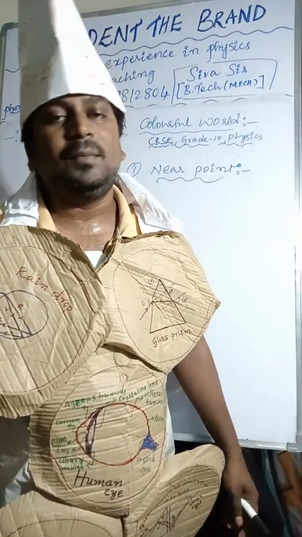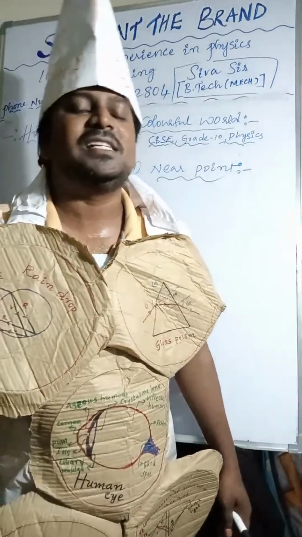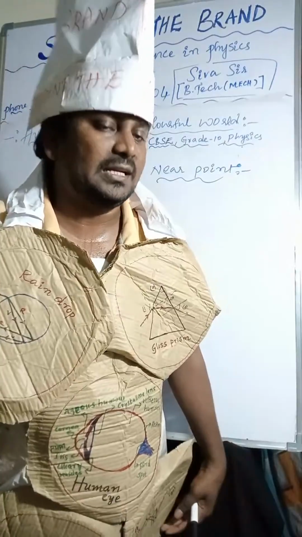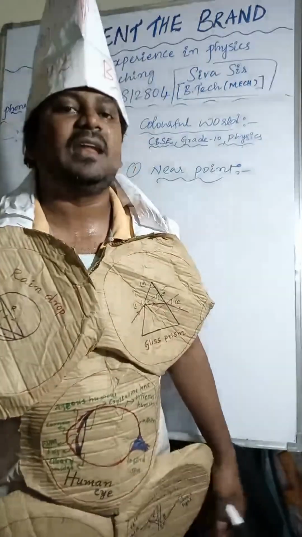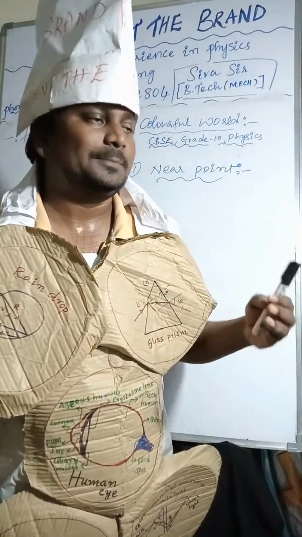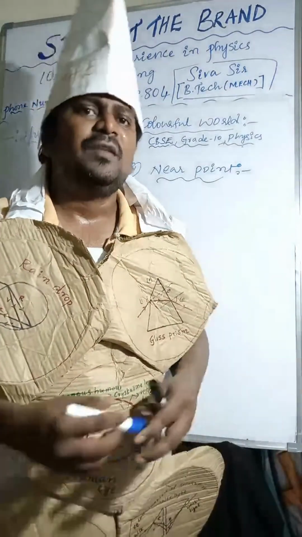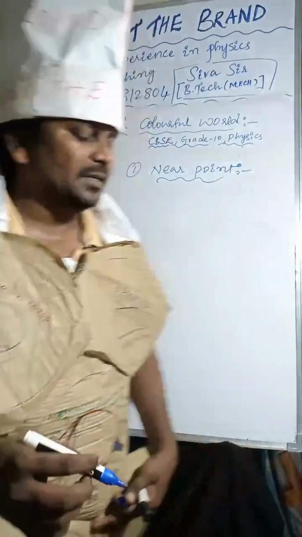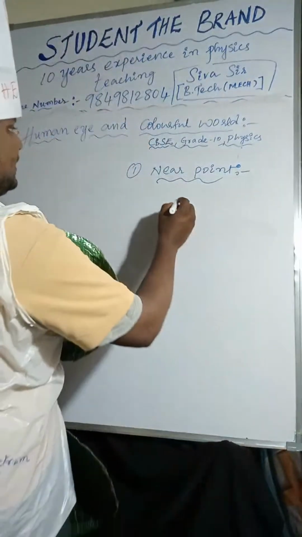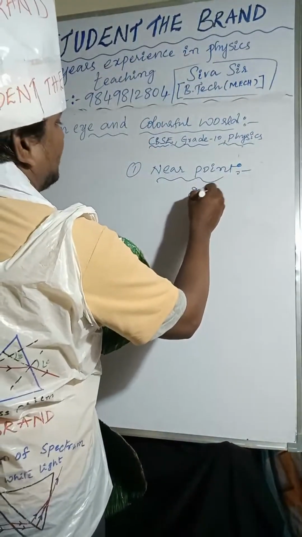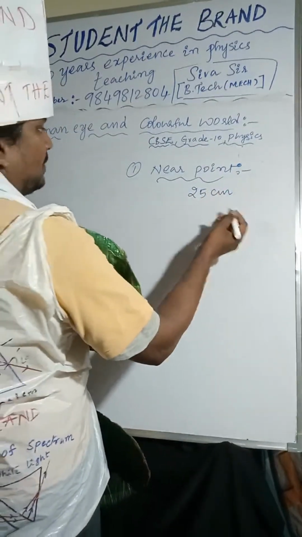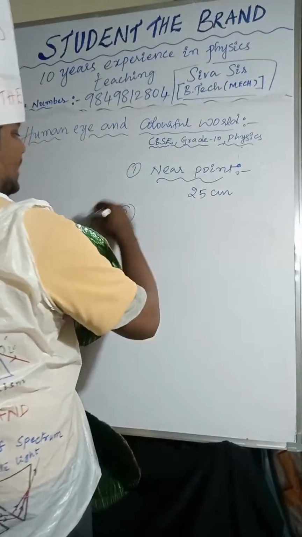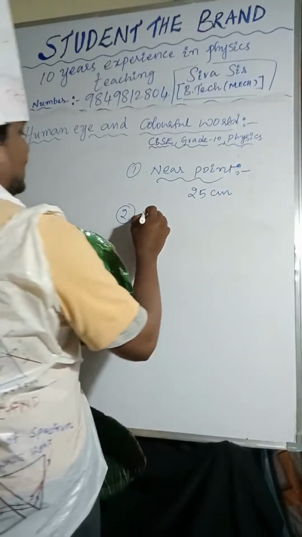Below that limit, the ciliary muscles can't contract. The minimum distance up to which a normal, healthy person can see the object is 25 centimeters. That is the near point, also known as the least distance of distinct vision.